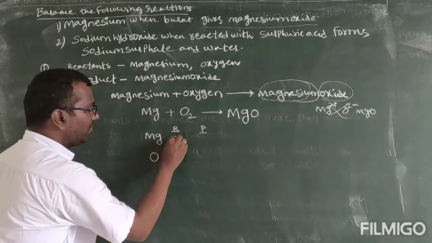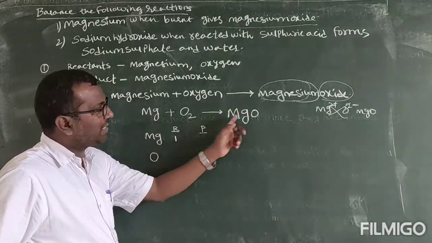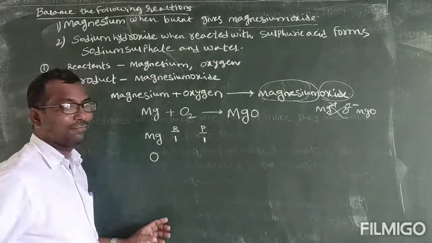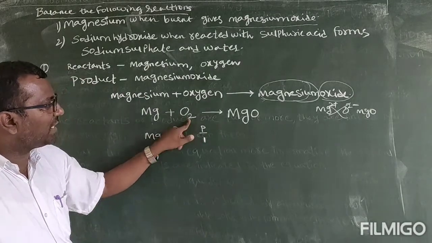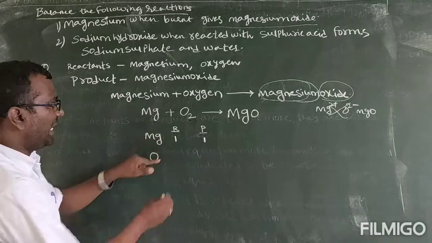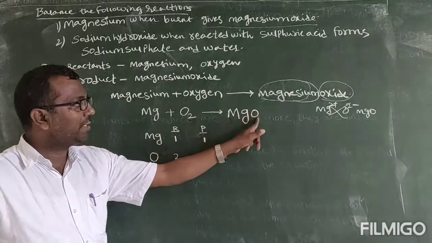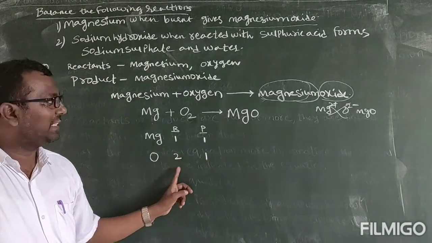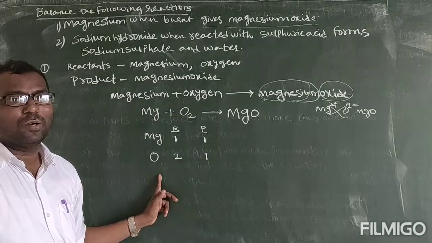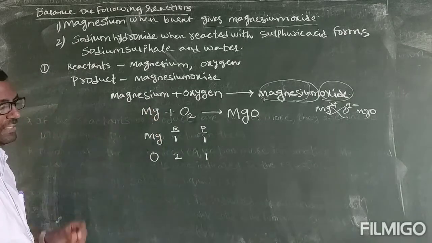Magnesium is 1, on the product side also 1 only. Whereas oxygen on the reactant side has 2 atoms, here 1 only. So it is not a balanced equation. Now we have to balance it.